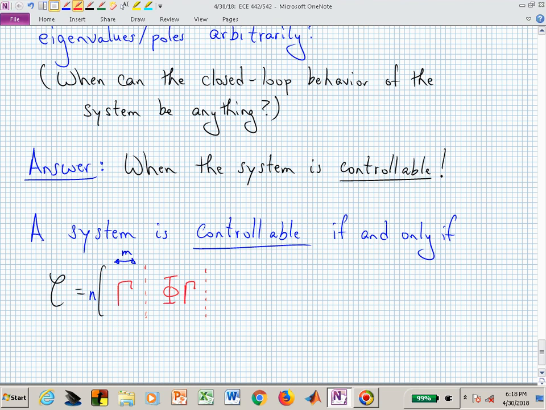What are the dimensions on phi? It's n by n. It's square, isn't it? And you're multiplying that by an n by m matrix. So you have an n by n times an n by m. Obviously, it has exactly the same rows as gamma, that's n, and the same number of columns as gamma. So here we've just added another m columns to this controllability matrix.